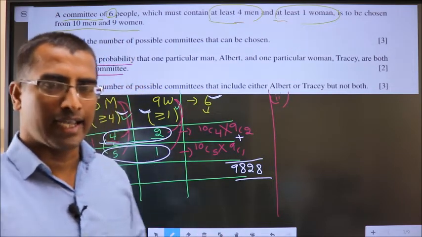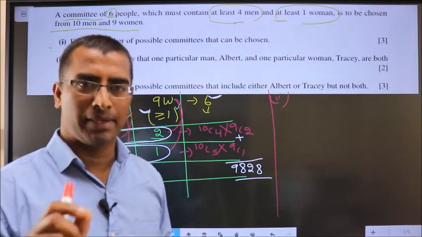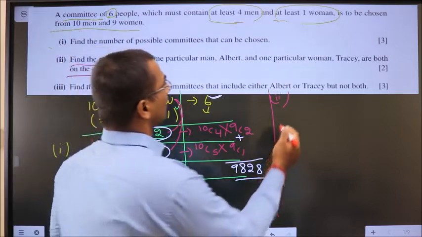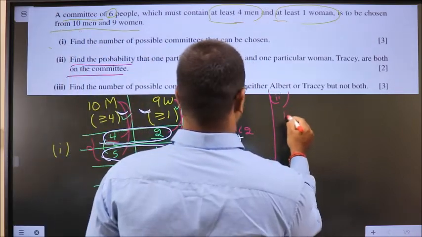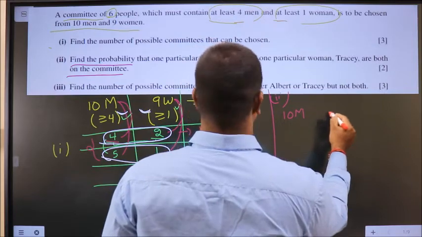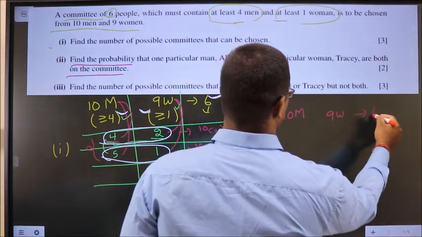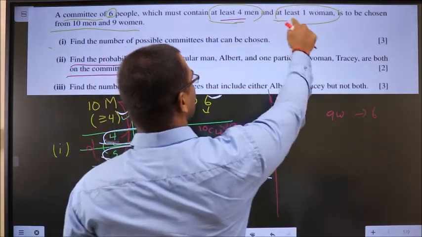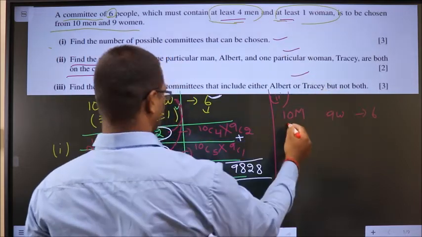Clear? Now I get multiple options here also, so I will make a table. See, given is 10 men, 9 women, you need to make 6. This condition is for all the 3 bits.